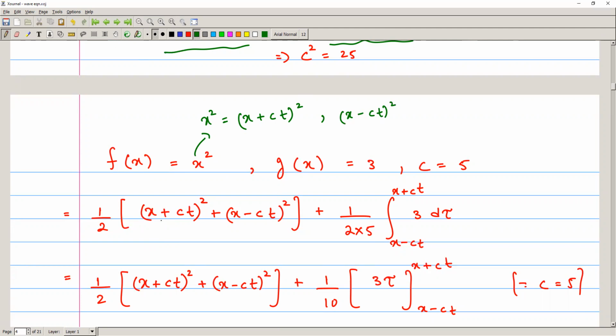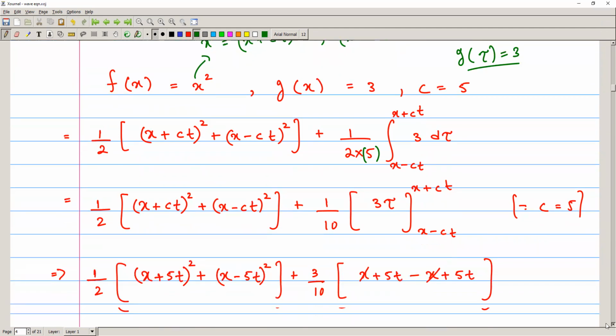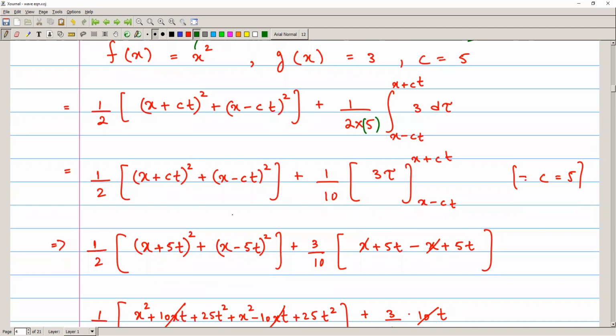All right, so this will be x plus ct whole squared plus x minus ct whole squared, and then 1 over 2 times c, where c is given as 5, times the integral of 3 d tau, because g of x is 3, therefore g of tau is also equal to 3. All right, so we'll integrate this function and apply the limits. Here we can simplify this function by expanding the square.